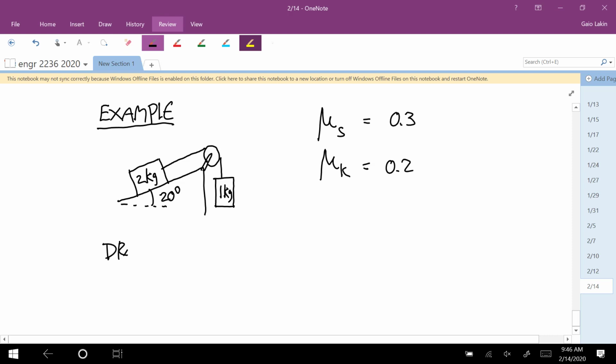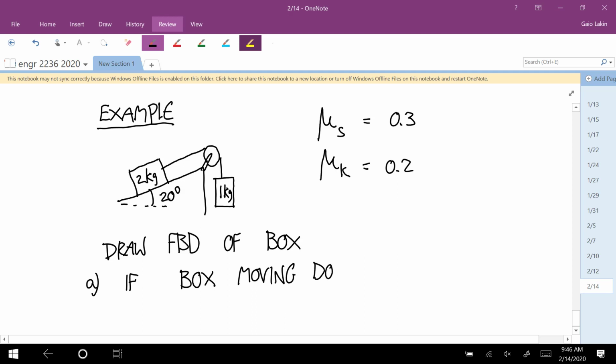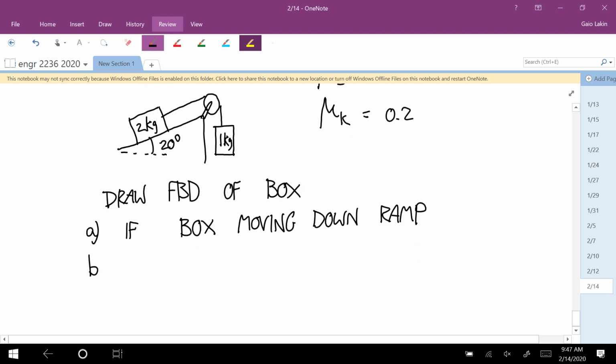Let's draw a free body diagram. First, if the box is moving down the ramp, and second, if the box is moving up the ramp.